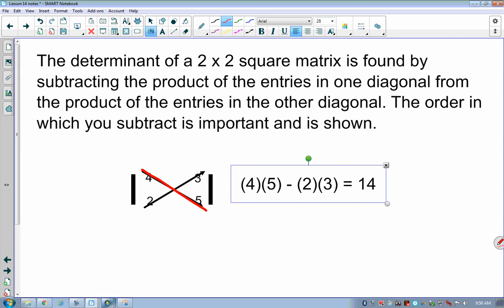Top left is first. Top left to bottom right. Then we're going to do bottom left times top right. That's second. And we're going to subtract.